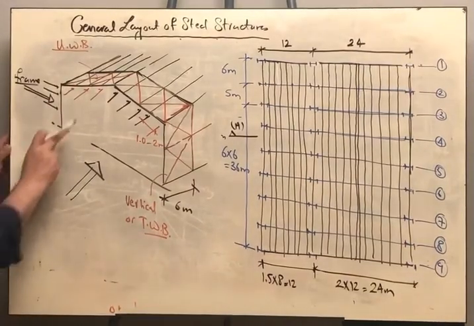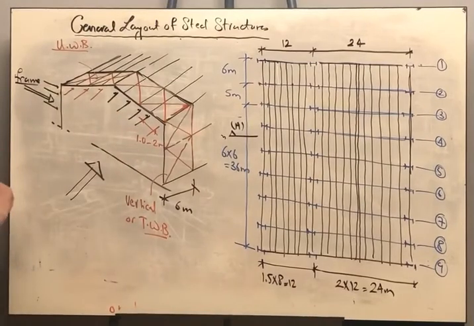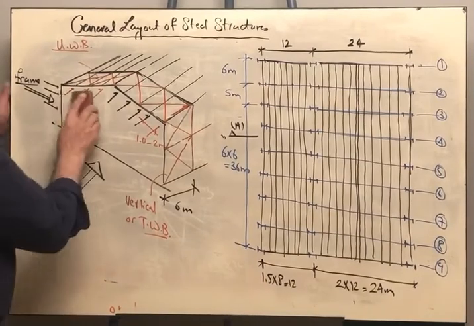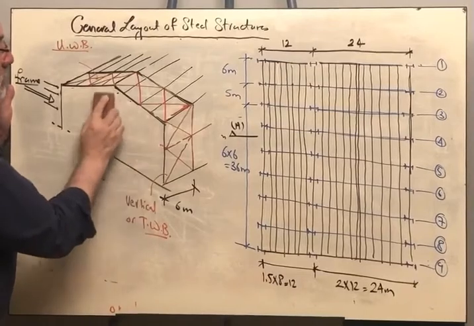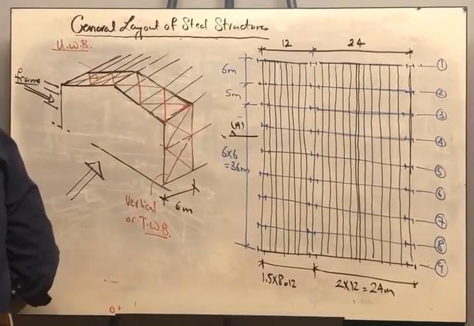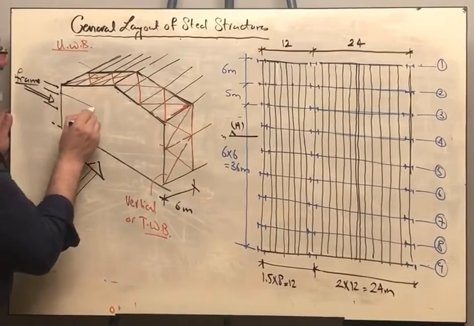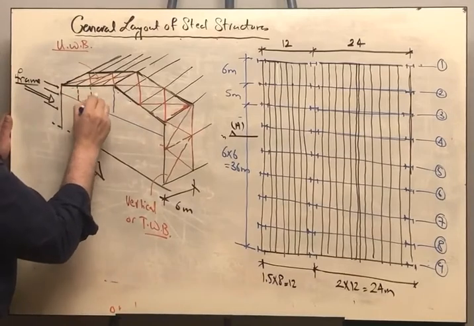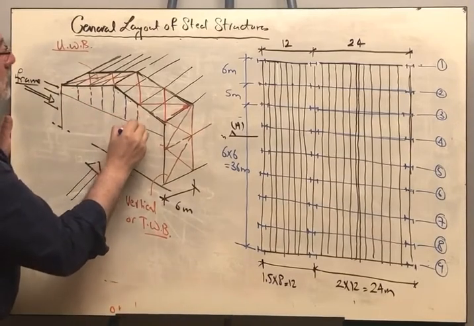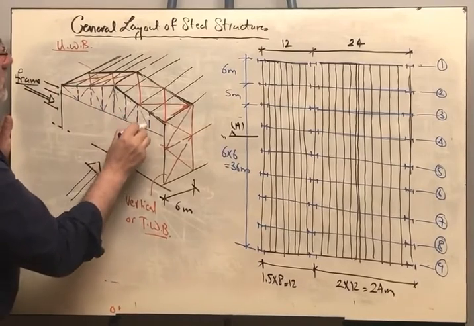This is if you are having a frame. What if you are having a truss? If this was a truss, you are having a member like that, and this will be the truss.